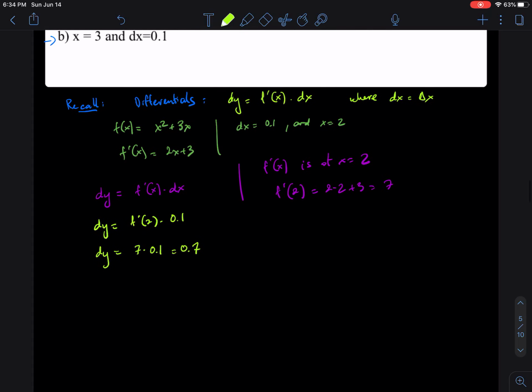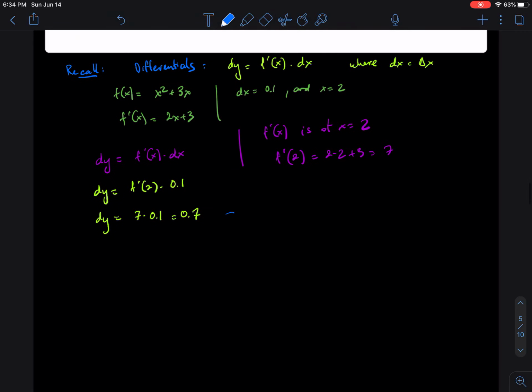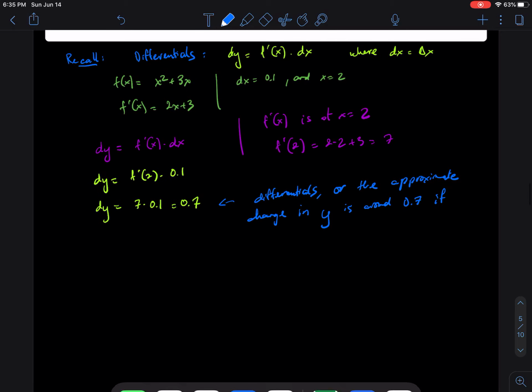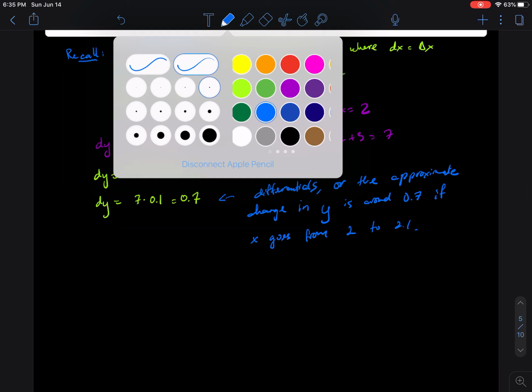So the differential is 0.7, or the approximate change in y is around 0.7 if x goes from 2 to 2.1. And that's exactly what we just did there.